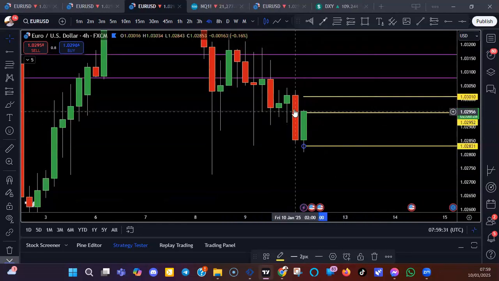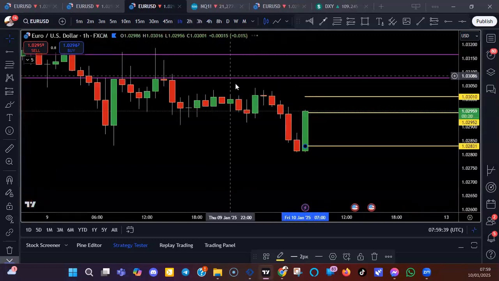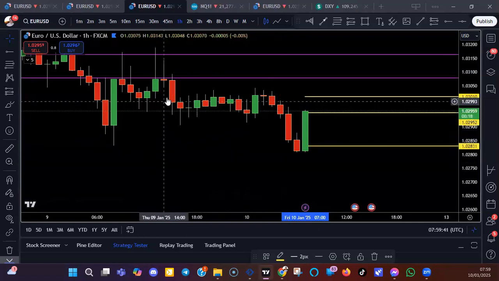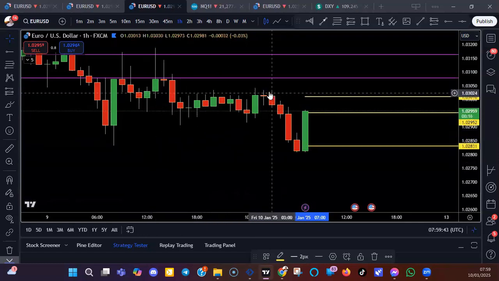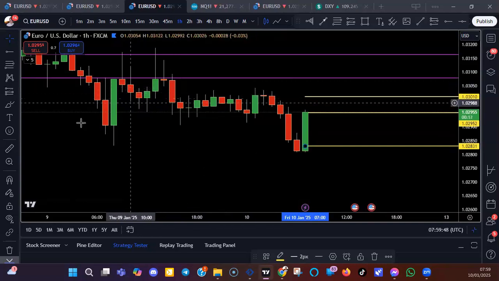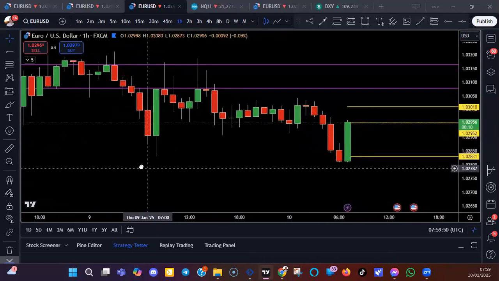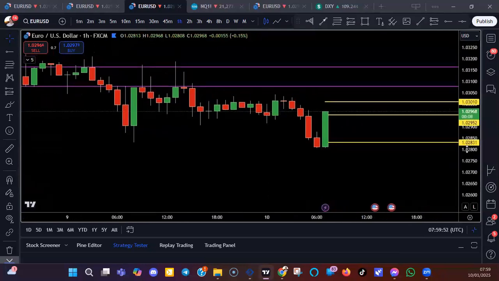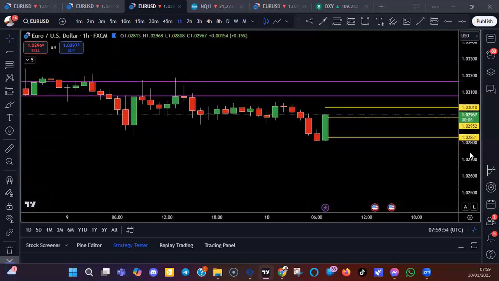No, this is not in balance because we've got the wick there. So that candle is not in balance. What about the hourly? No, that candle there has been mitigated by that wick there. So there's no immediate imbalance. It's all being driven by the strength or the weakness of the dollar.